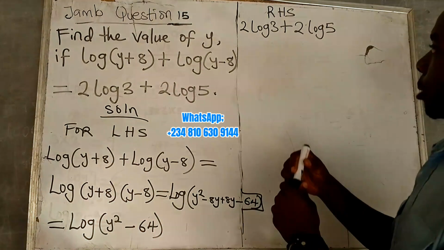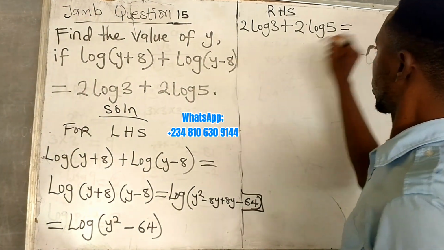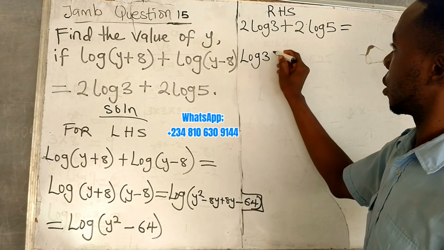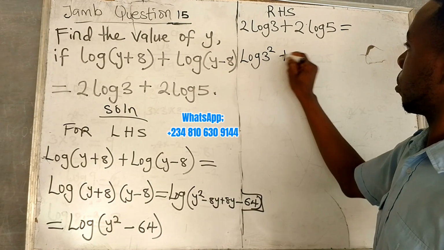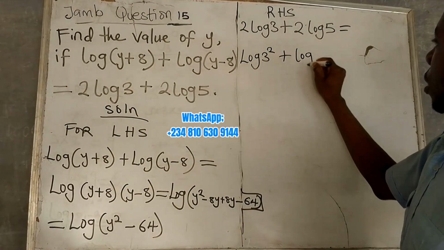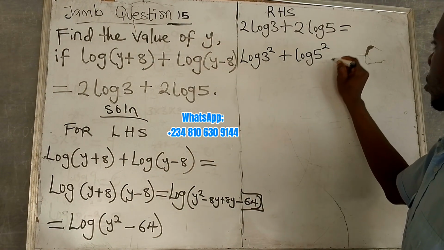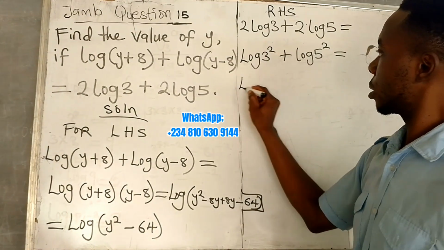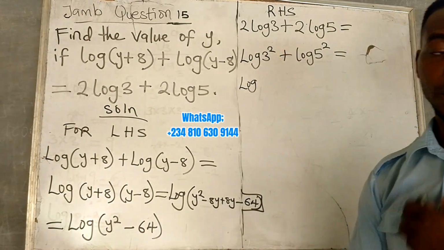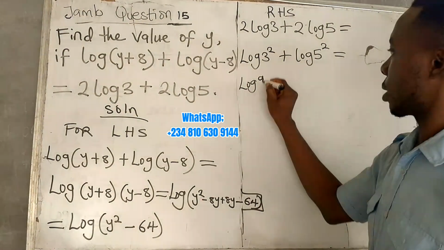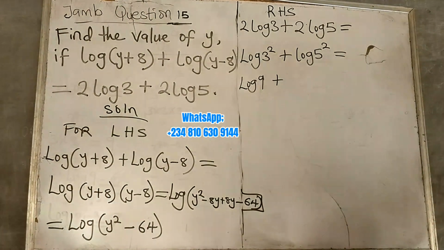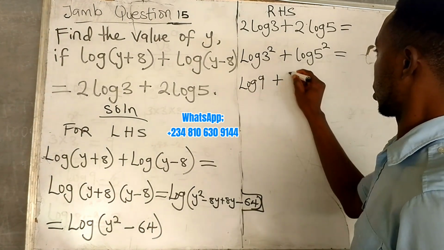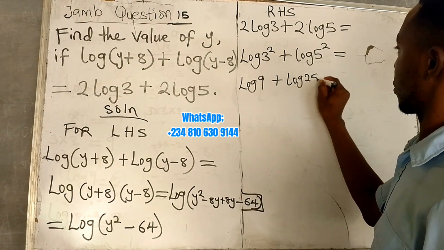And remember, this is addition. But first of all, let's find this first. See, log 3 raised to the power 2 plus log 5 raised to the power 2, which is equal to log of 3 raised to the power 2, which is 3 times 3, which is 9, plus 5 raised to the power 2, which is 5 times 5, which is 25. So you say log 9 plus log 25.